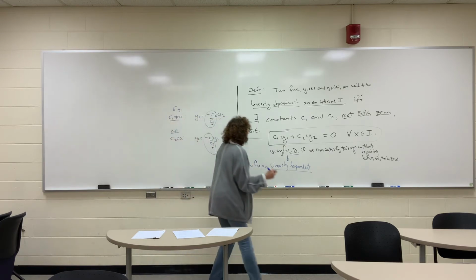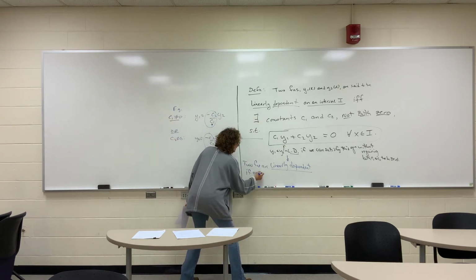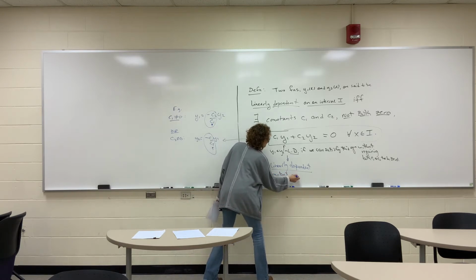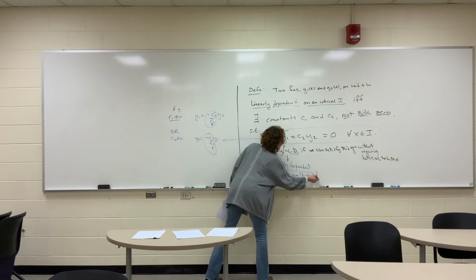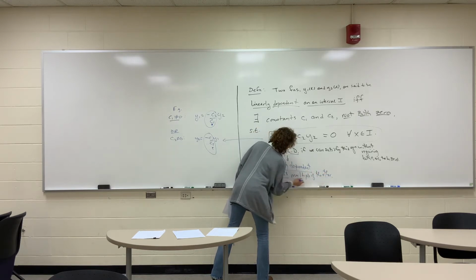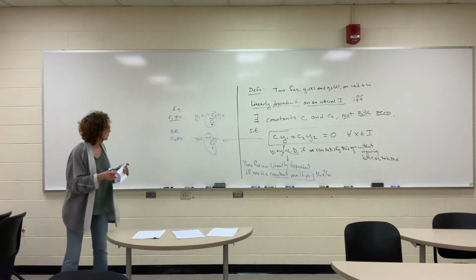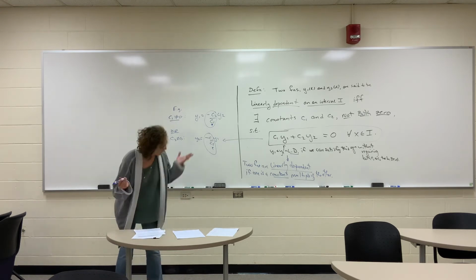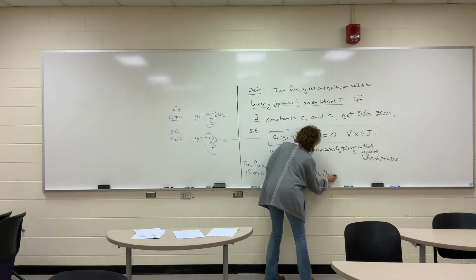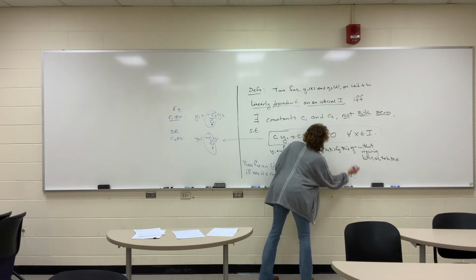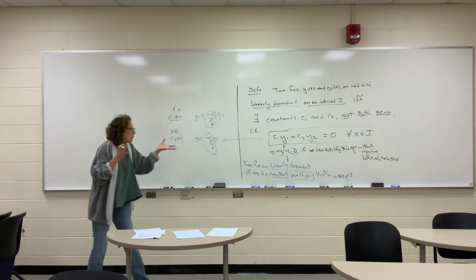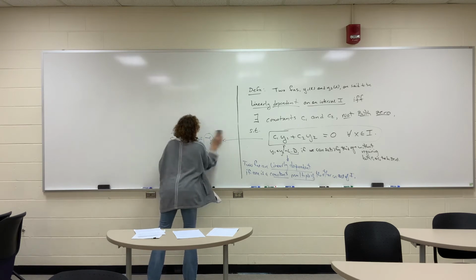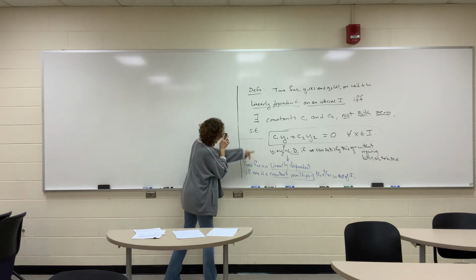Linearly dependent if one is a constant multiple of the other. Okay? It simplifies for two functions, all right? That's what this is saying. Of the other what? On all of I, right? On the entire interval, not just that one value, okay? All right. So hopefully you see why that guy and that guy are equivalent.